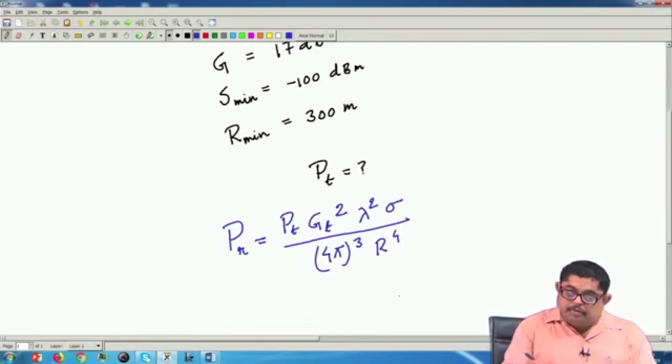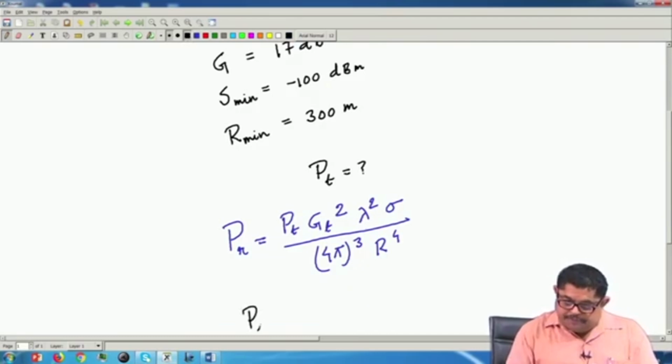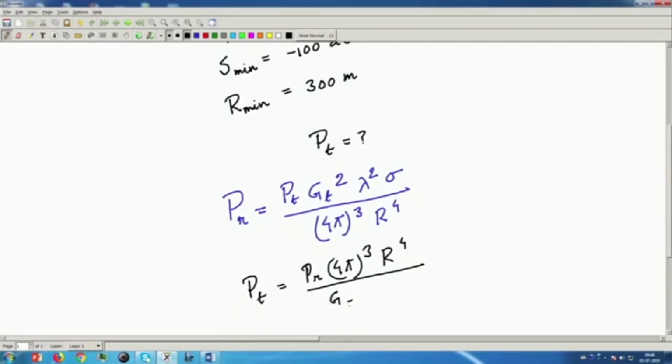But I have been asked Pt. So, I can now write what will be Pt. Pt will be just Pr times 4 pi whole cube R fourth by Gt square lambda square sigma.